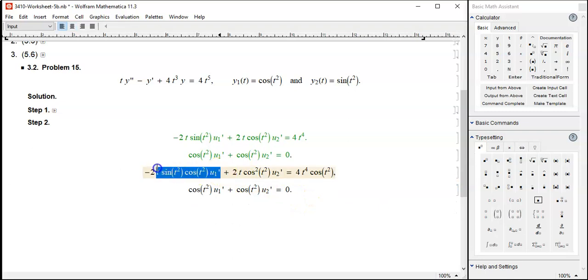Okay, let's set this part and that part the same. How do I do that? Multiply by negative 2t sine squared to both this one and that one, and also to 0. And if I do that, this is what I'm going to get.